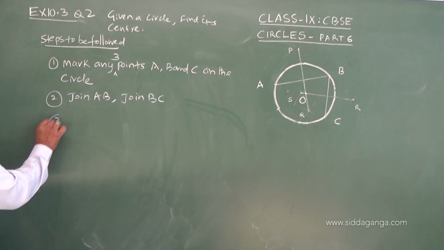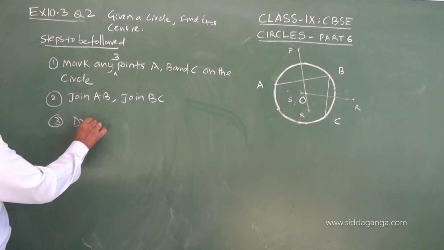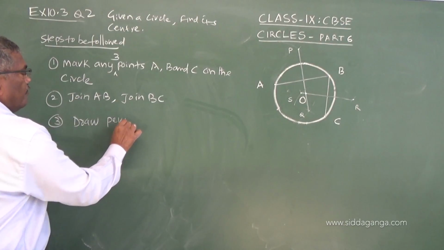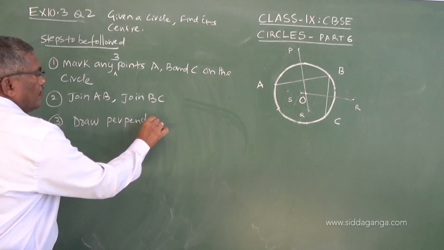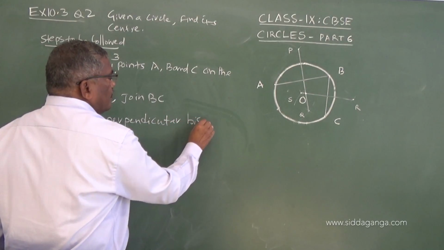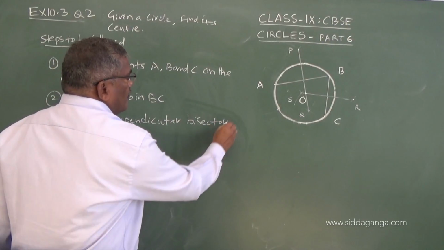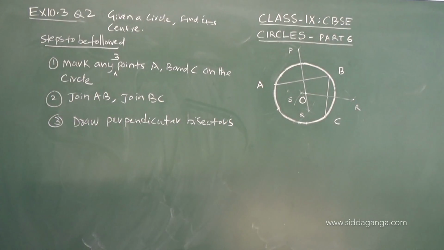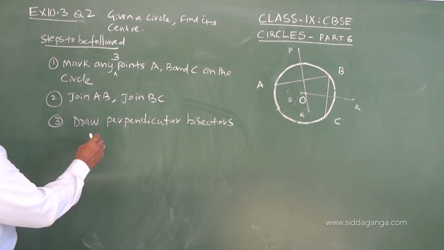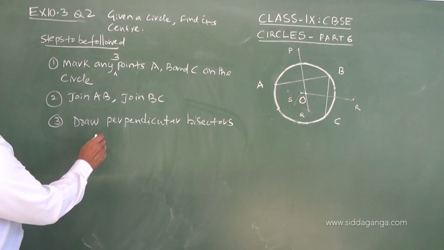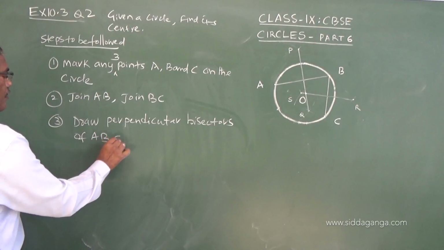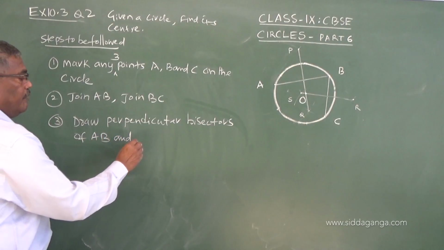Third step, draw perpendicular bisectors of AB and BC.